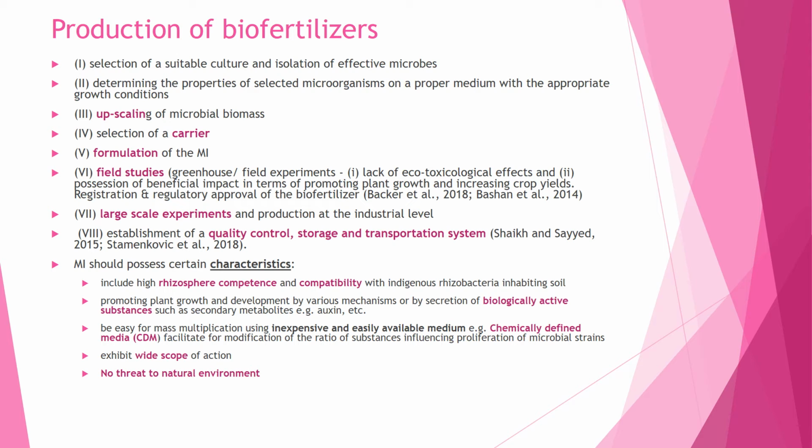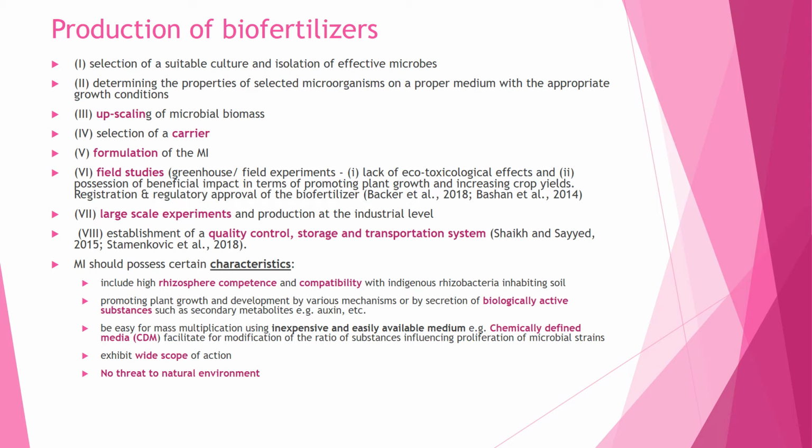In addition to that, we also have to make sure of the plant growth promoting criteria that are inspired by the microbial inoculant through various mechanisms, for example, solubilizing the phosphate or potassium in the soil, or nitrogen fixing.